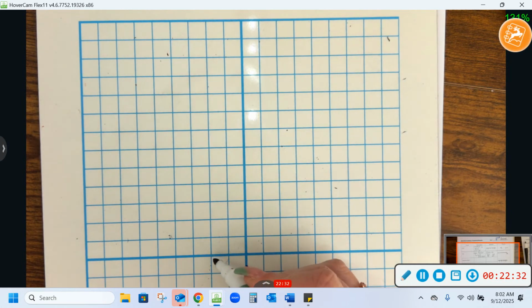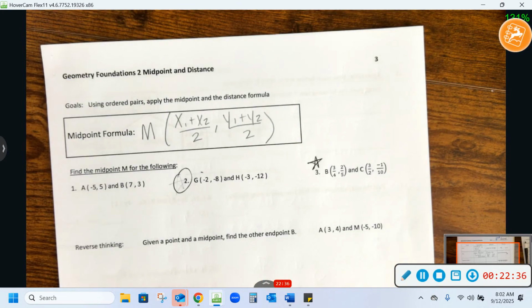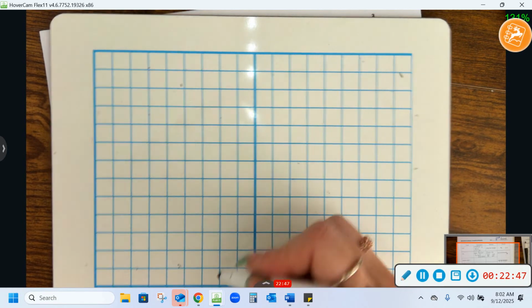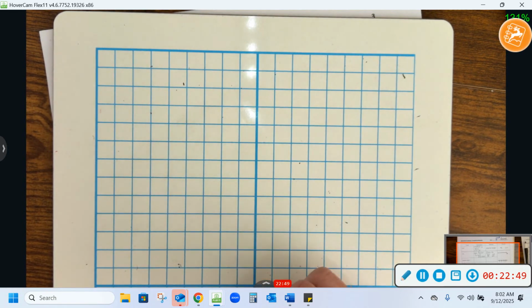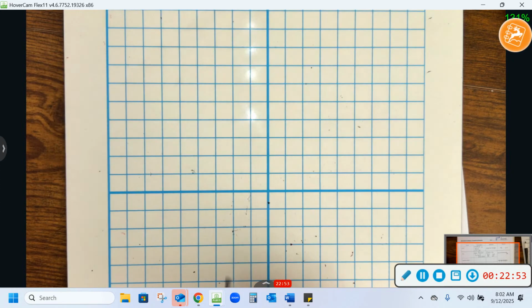-2, -8. And if you turn it vertically this time, you'll have more space like this instead of horizontally. If you turn it vertically, I still don't think we'll be able to go to 12, but we're going to do our best. -2, -8. Can we make it? All right, awesome.